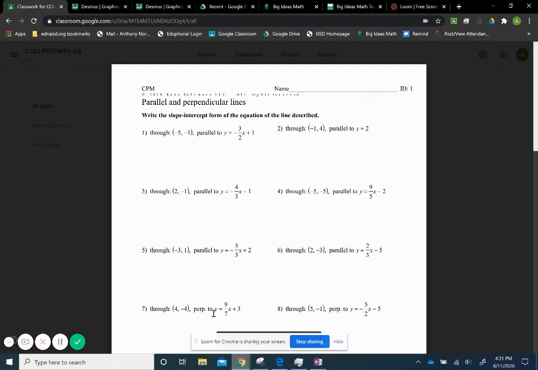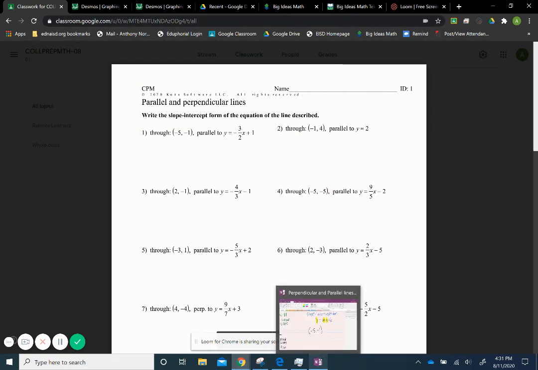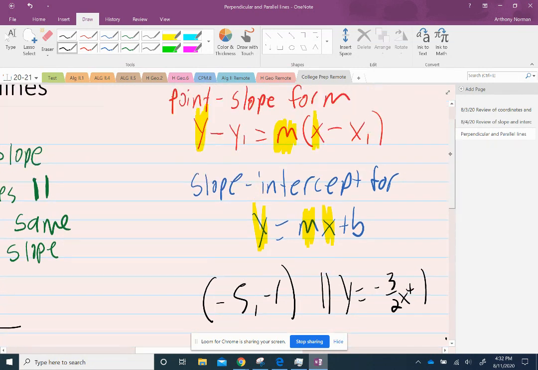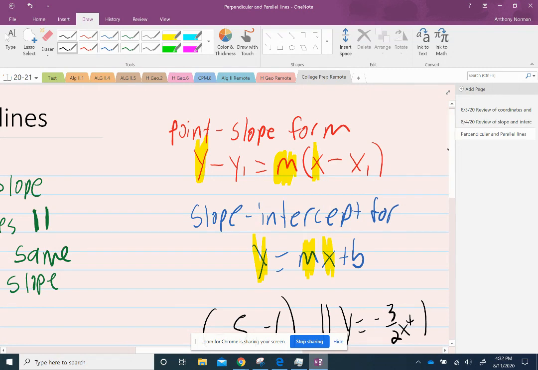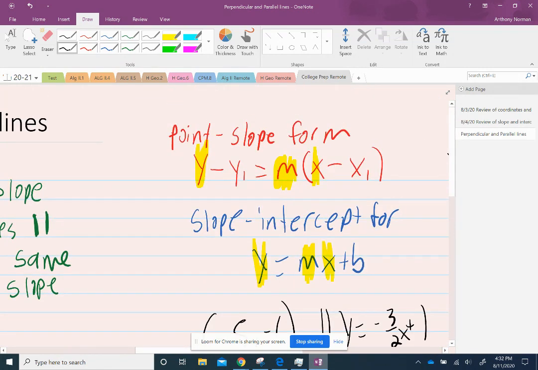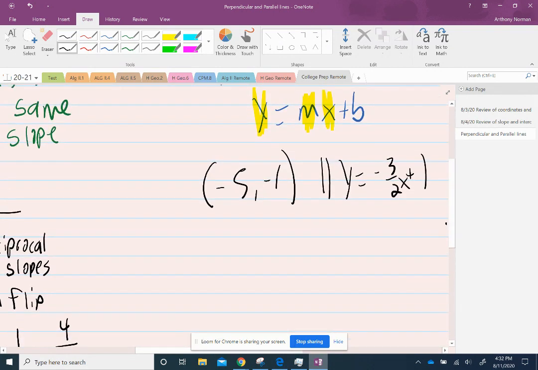And we're looking for a line parallel to y equals -3/2x plus 1, and this line is parallel. So we have our points. Since we know this is parallel, we have our slope. So we're going to use our point slope form to create our slope intercept form.